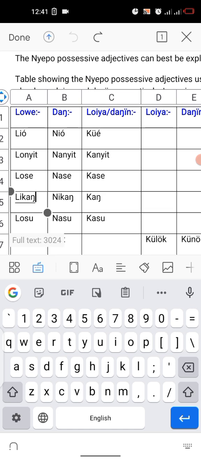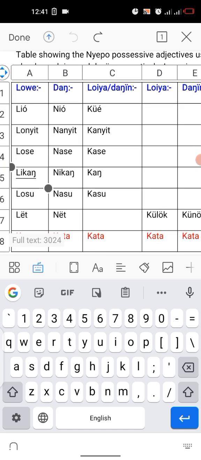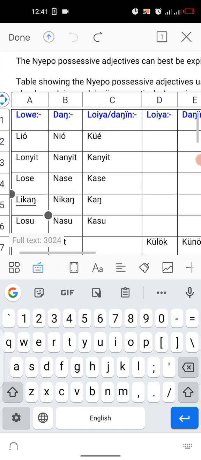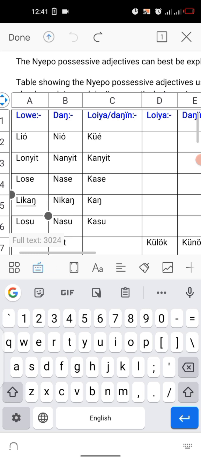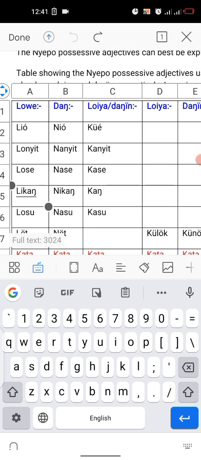If you want to say their arrows or their bows, lawyer kang or dangin kang.